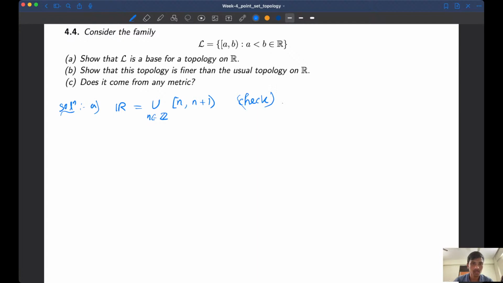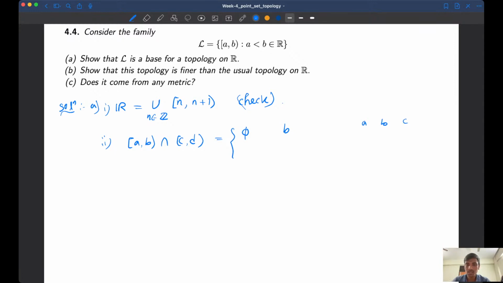For the second part, if I take again intersection of any two things, A, B, let's say, intersection with C, D, then what will be this? So there might be like 2, 3, 4, 5 cases. So let us consider. What happens if it is phi? When it is possible, this is A, B, C, D, say.